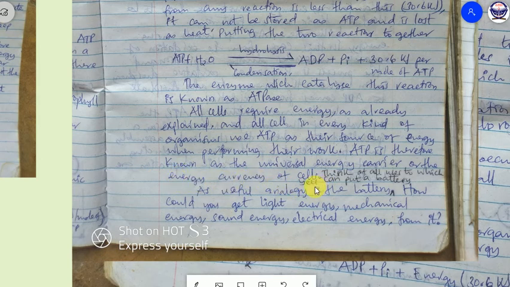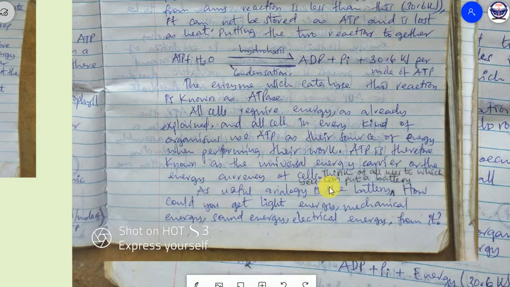If we are discussing ATP, think about all the uses of a battery. ATP can be regarded as an analogy of a battery.